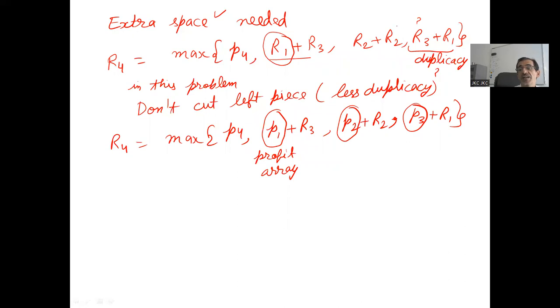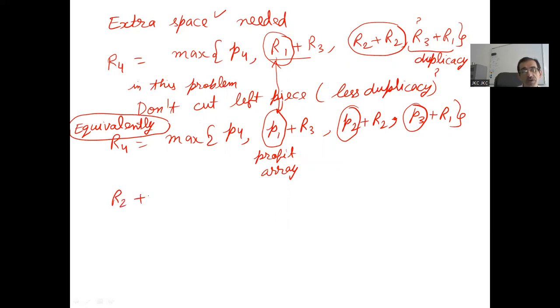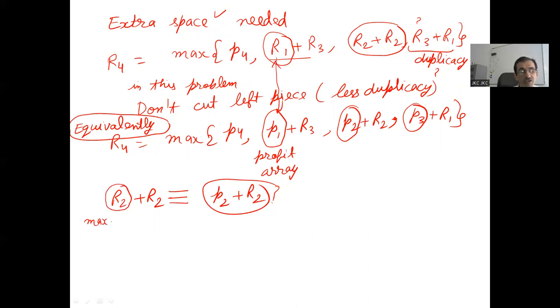You might say that P1 and R1 are similar, so no problem. This is straight identical. I say I am writing this equivalently. But how to prove equivalence in this problem? How do I say R2 can be considered as P2 plus R2? Why? How should this be acceptable? Maybe not correct. R2 means the maximum revenue to be computed with size 2.